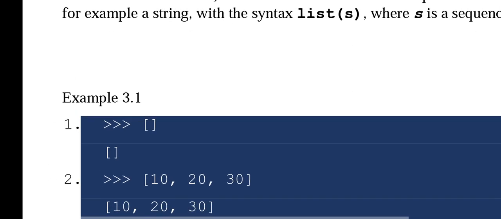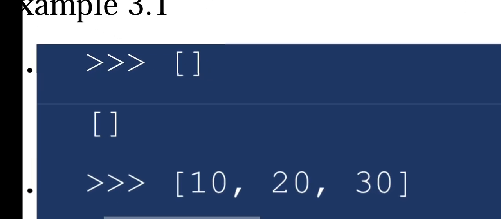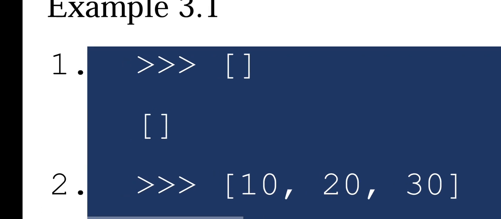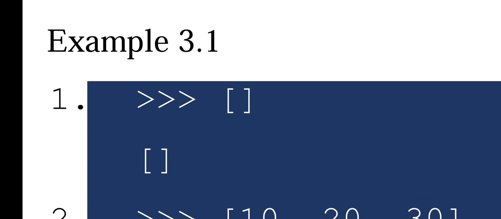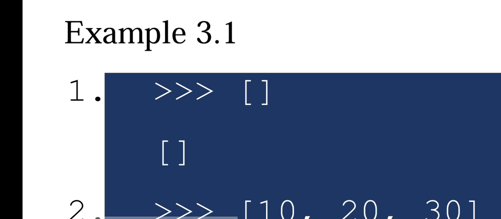So let's look at practical examples of how a list can be created. Look at this example. This is an empty list. The input is a pair of square brackets and the output is a pair of square brackets containing nothing, indicating that the list is empty.